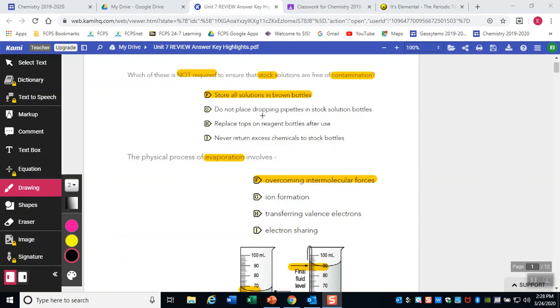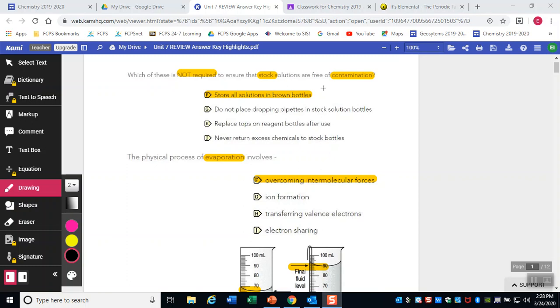So you wouldn't put your pipette in the stock solution bottle. You would replace the tops on those bottles so things can't get into it from the air, and never return. You wouldn't pour your extra stuff back into it. All those would keep it free of contamination.